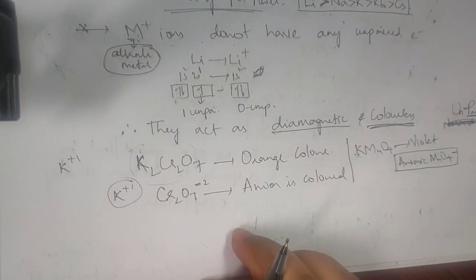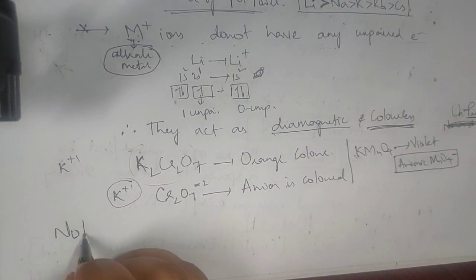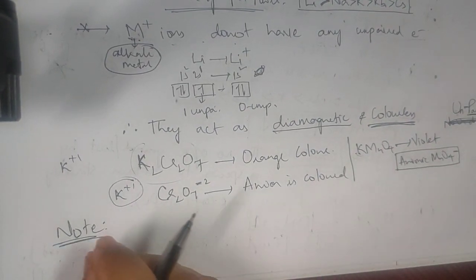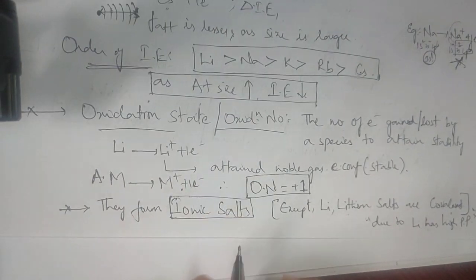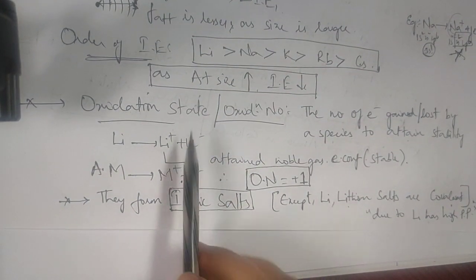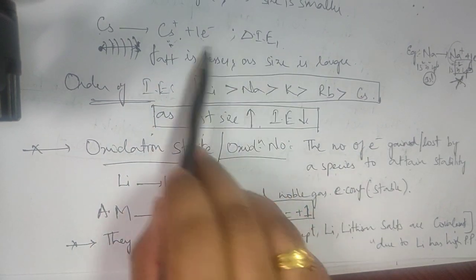Okay, fine. Next, let me write a note here: on the whole, in which case can the electrons be easily removed? We have seen it already. In the case of cesium, I can remove the electron easily.